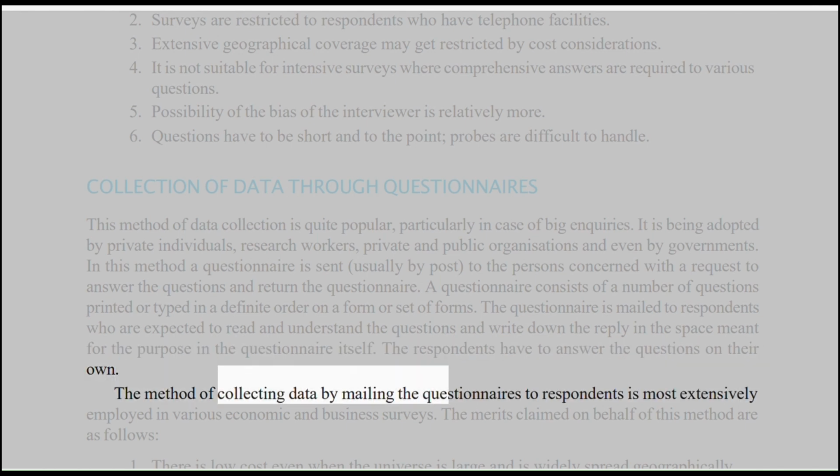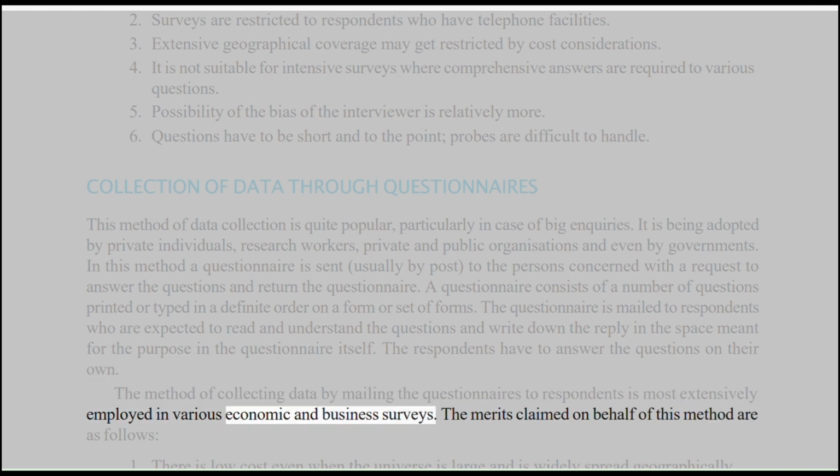The method of collecting data by mailing the questionnaires to respondents is most extensively employed in various economic and business surveys. The merits claimed on behalf of this method are as follows. 1. There is low cost even when the universe is large and is widely spread geographically. 2.